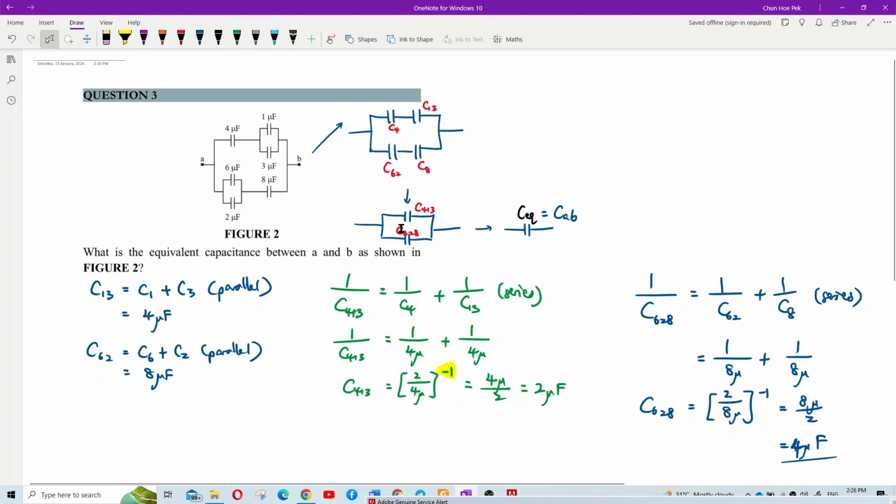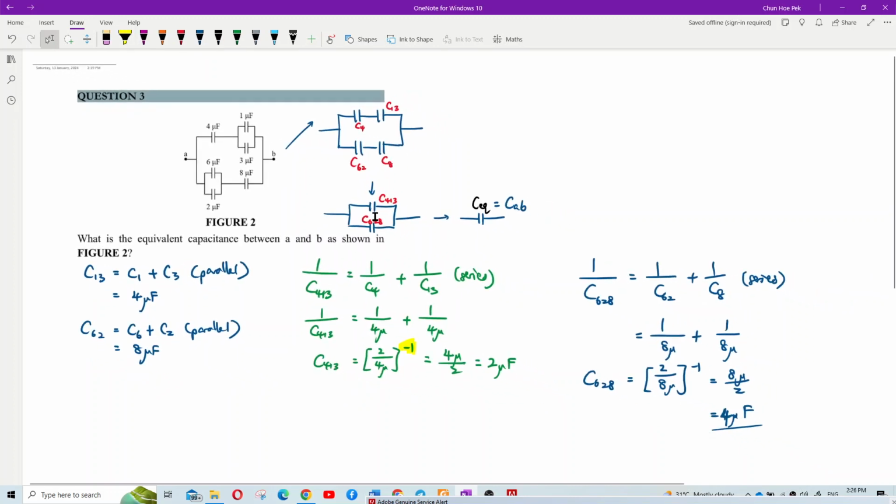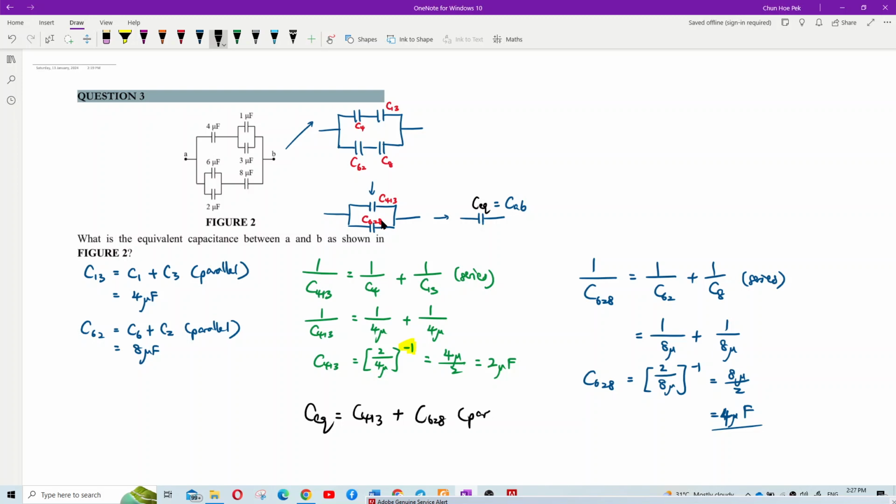Lastly, combine them in parallel, so we get the C equivalent. C equivalent is C413 plus C628 in parallel. So 2 micro plus 4 micro, you get 6 microfarad.